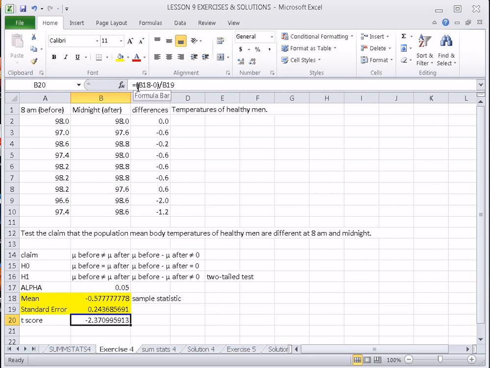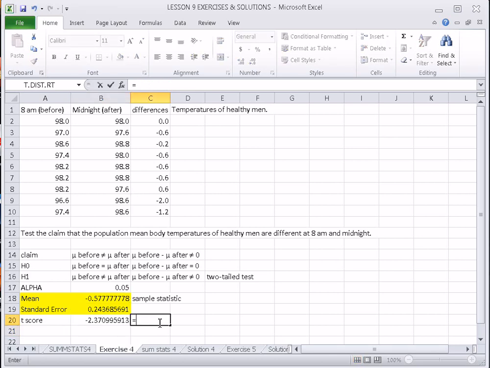So let's go ahead and do this. Oops, okay, shoot. What did I do here? Let's undo. Okay, so is that it? Let's make sure I didn't mess anything up. So B18 minus 0 divided by B19, good. That's our t-score.